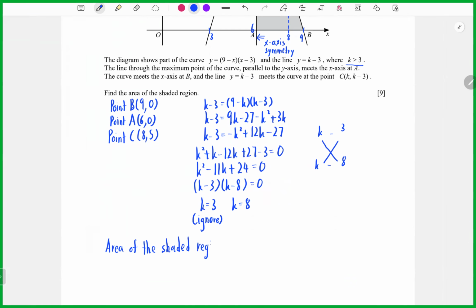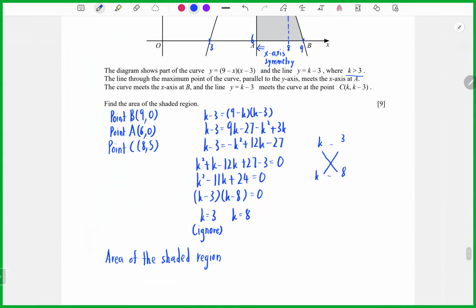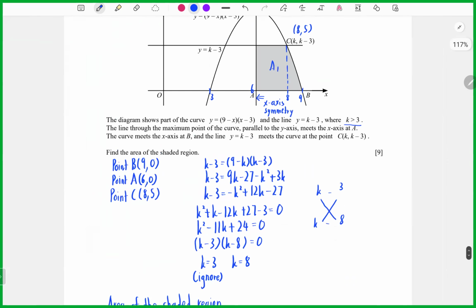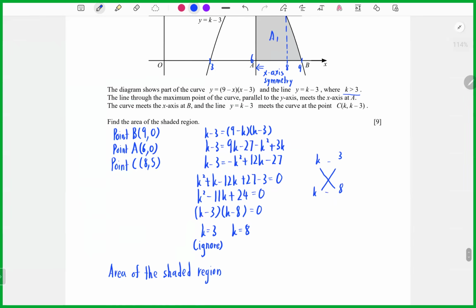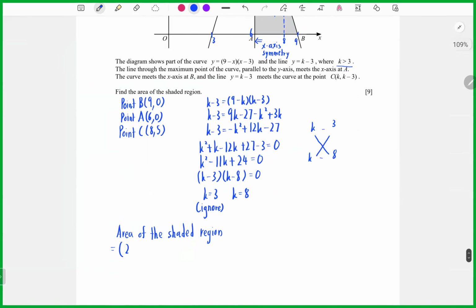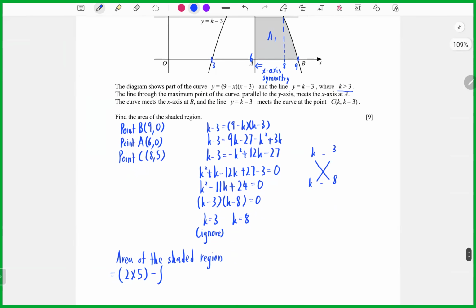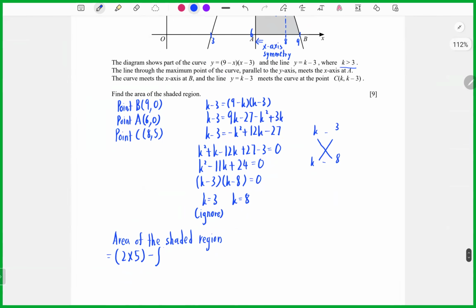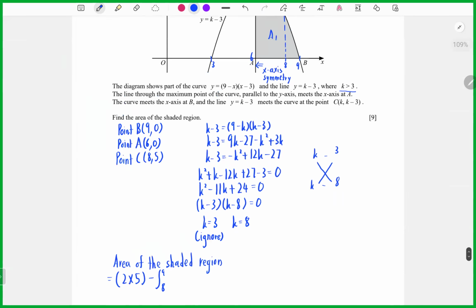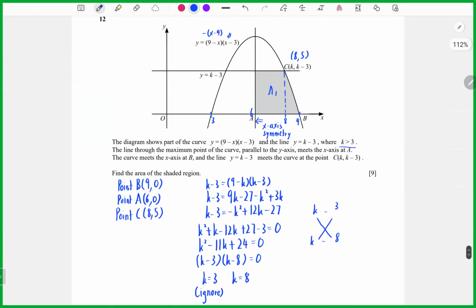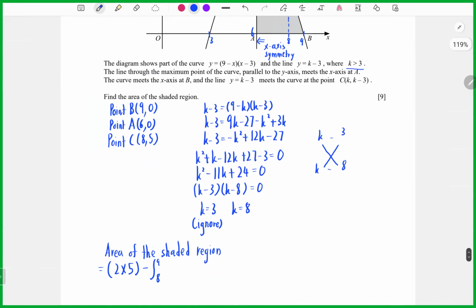Let's see the area. The first part is a shape like a rectangle, right? So you can take 2 multiply 5 minus the integral from 8 to 9 of this quadratic.